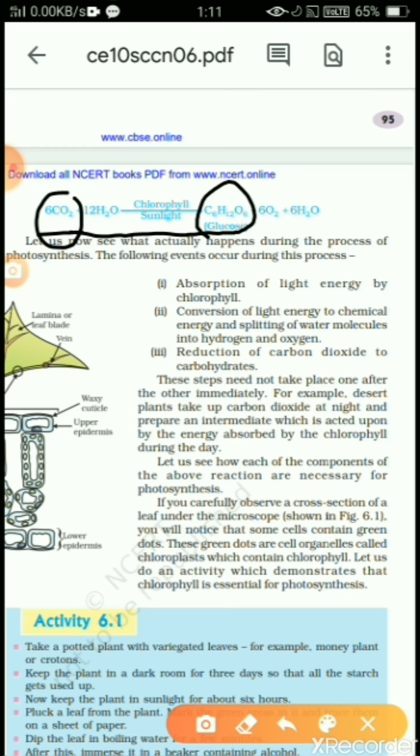Now these three steps don't take place immediately, one after another. They can take place after some time.